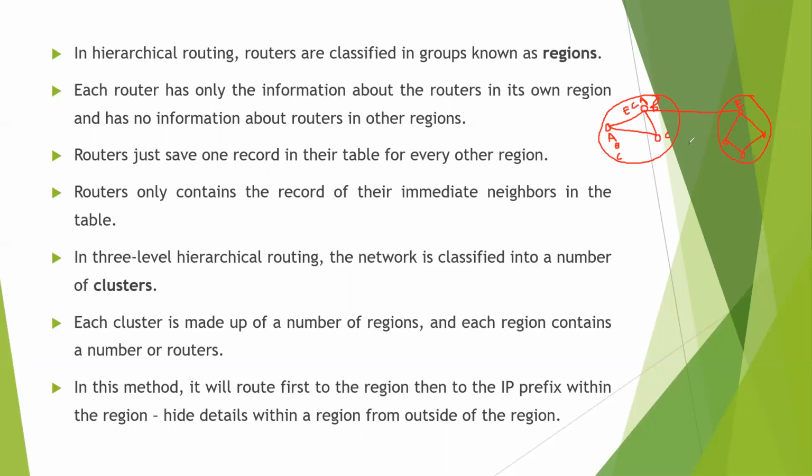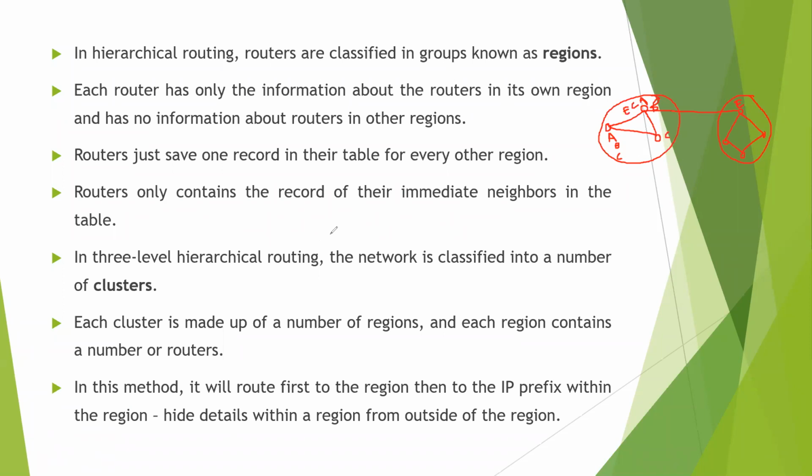That is the second thing. This is region 1, this is region 2. Now routers save just one record in the table for every other region. Other routers, like A and C, will not contain the information regarding the other region, region number 2.